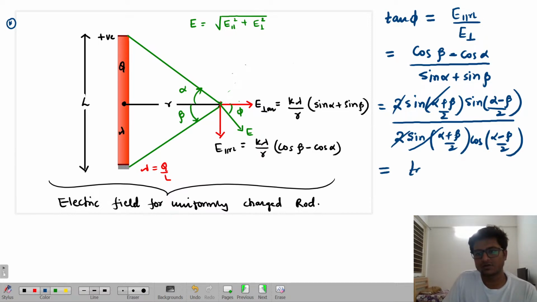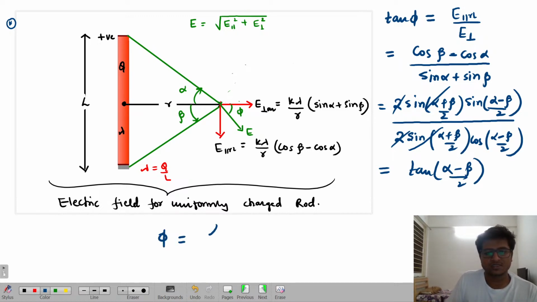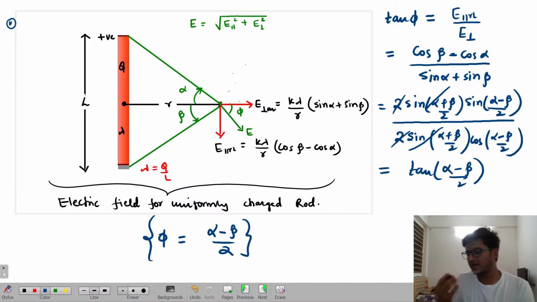It is exactly equal to tan alpha minus beta by 2. So did you get the idea that phi is nothing but alpha minus beta by 2 directly, and that's how we will get the answer.